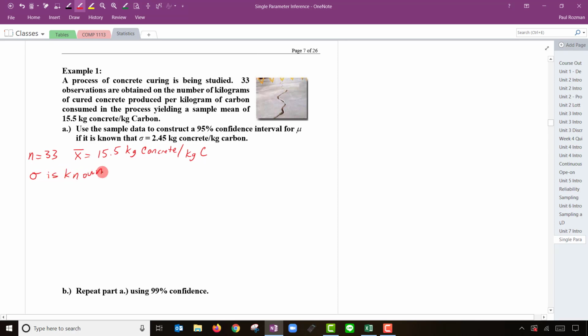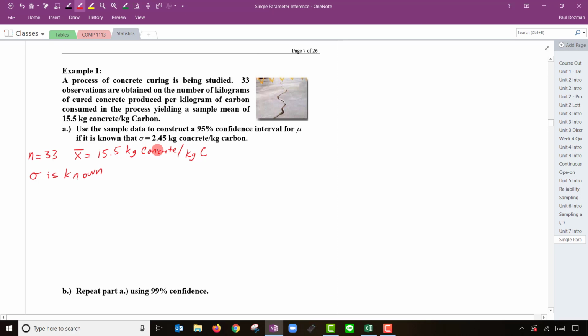Remember when we were doing the central limit theorem, we said when sigma is known, we would tend to use the z distribution, and when sigma was unknown, we would have to modify things a little bit and use the t distribution. So that's coming in the next example. But for now, let's imagine we have a situation where we do know sigma.